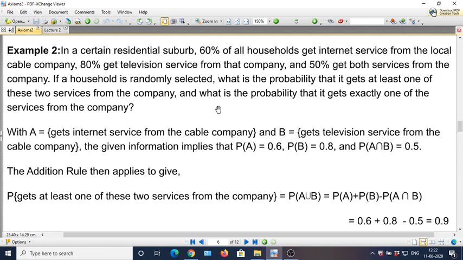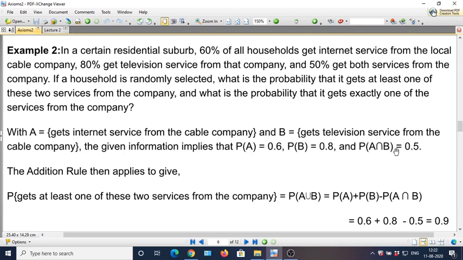So we formalize it. Let us define an event A, which is the event that a chosen household gets internet service from the cable company. B is the event that a household gets television service from that company. Then, as given here, P of A is 0.6, P of B is 0.8, and P of A intersection B, that is getting both services, is 0.5.